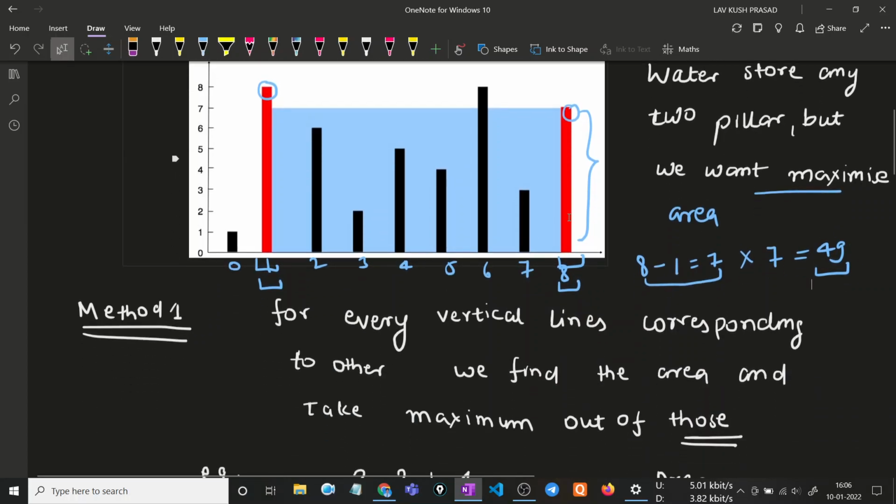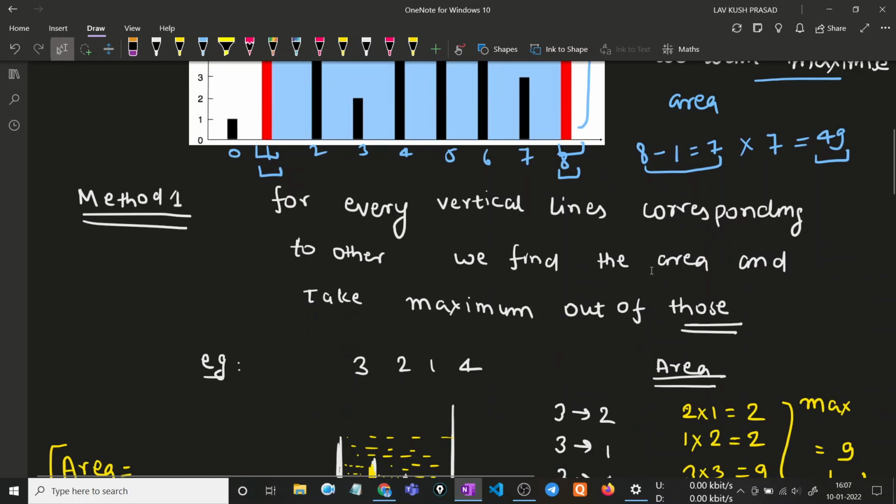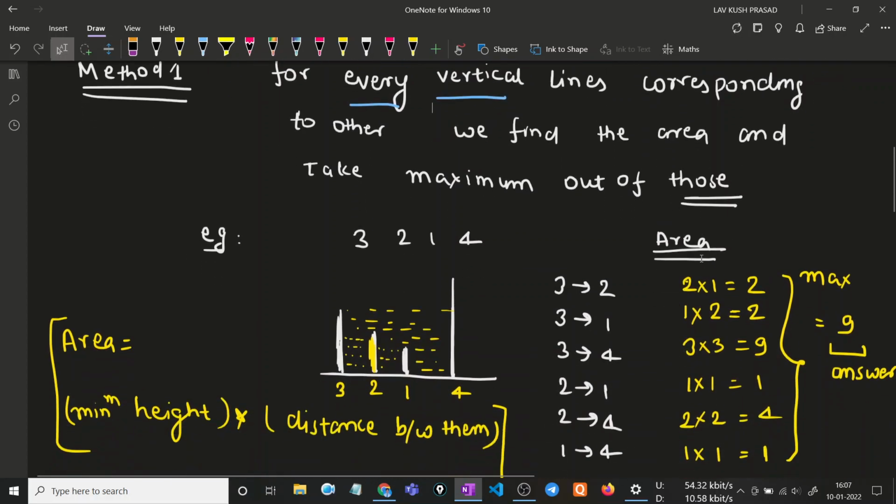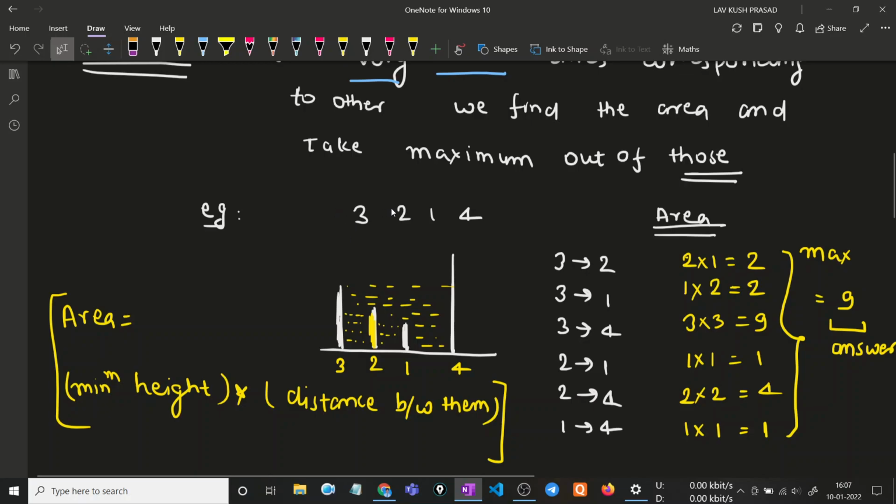So the first method to solve this problem is using two for loops. For every vertical, suppose we have the given example heights, right? We can find the corresponding areas for 3 with 2, 1, and 4 also, this way. If we consider the two verticals 3 and 2, then what is our height?